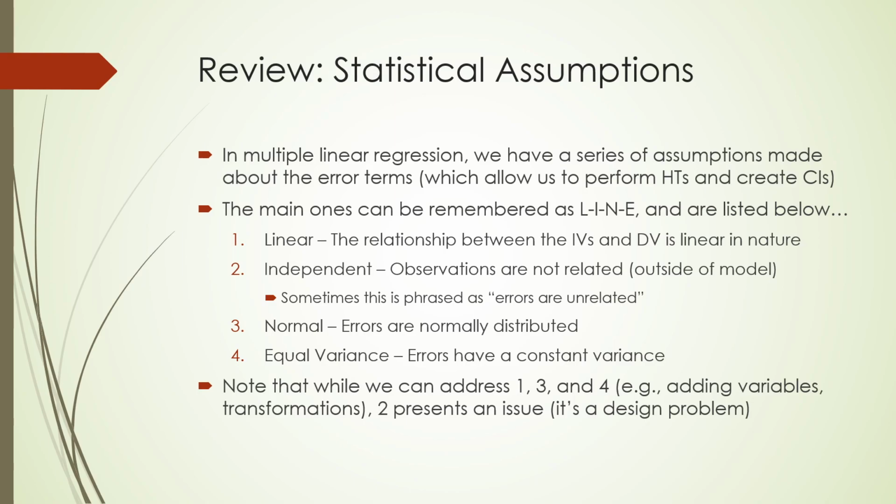Independence is ultimately a design issue, and when we're assessing independence, often I'll look at the study design to determine are the participants randomly sampled, are there things that could connect participants in a way that aren't currently included, etc. So independence is actually a design issue and often needs to be addressed directly, and isn't something maybe you've ever dealt with or addressed before.